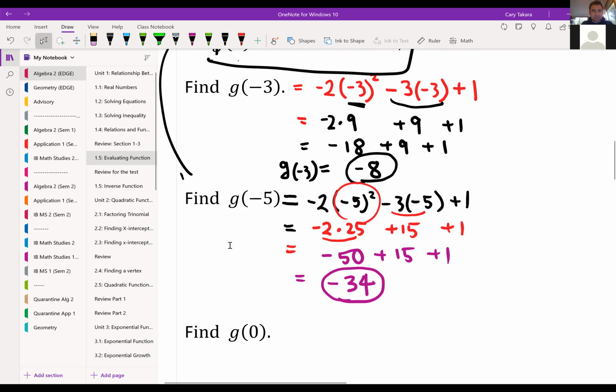Okay, how about the next one? g of 0. Can you put 0 into a function? What happens?